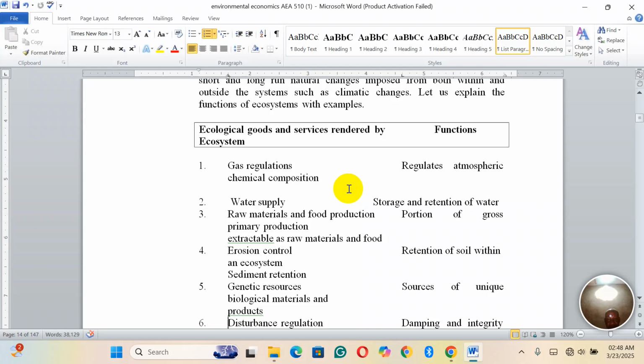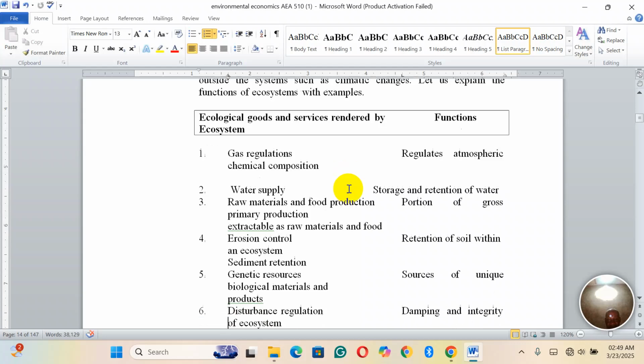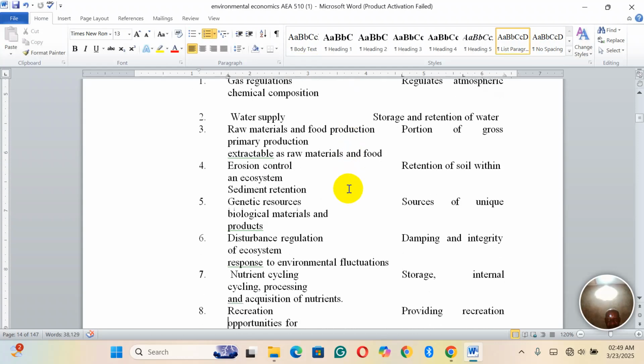Then four, we're looking at erosion control, retention of soil within an ecosystem, the sediment retention. Five, the genetic resources, resources of unique biological materials and products. Then six, the disturbance regulation, damping and integration of ecosystem response to environmental fluctuation.